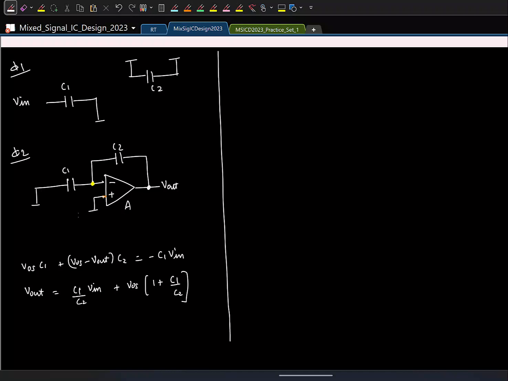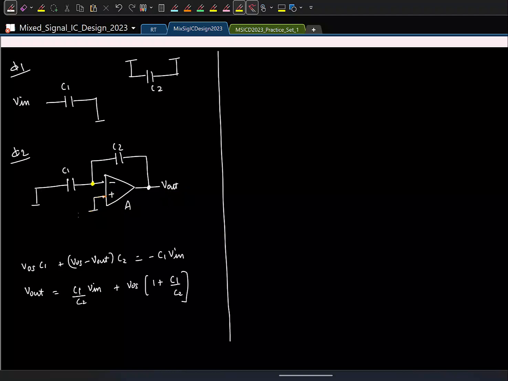So what will change now in the circuit? Let's say I want to apply charge conservation. I need to know this voltage. What is this voltage? V out by A, or something else? The output voltage is V out. Non-inverting terminal is grounded. What is the inverting terminal?